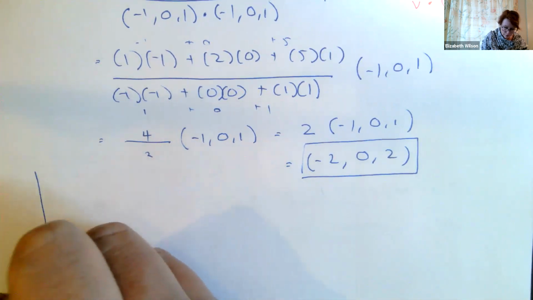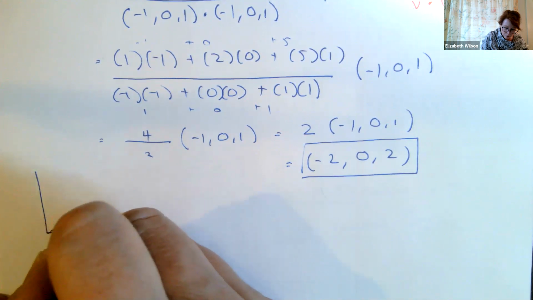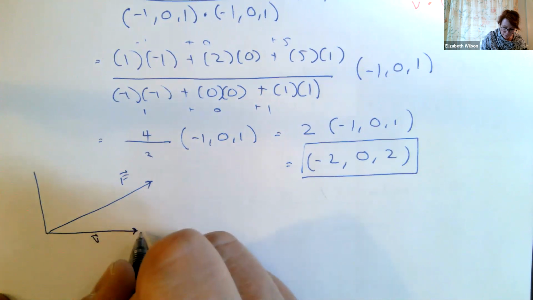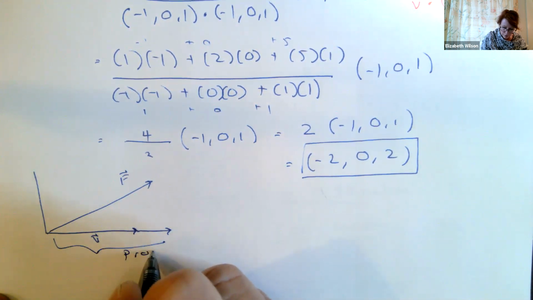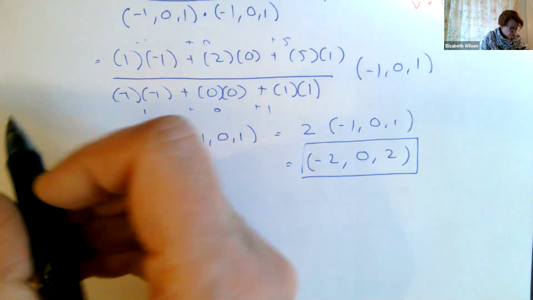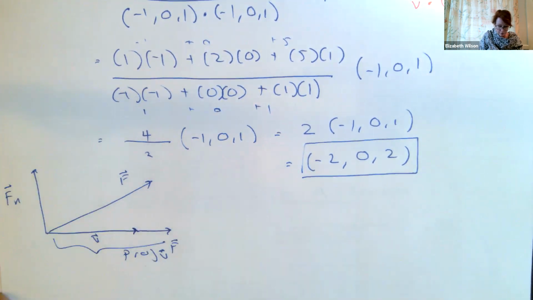So let's draw this out. So here's our F, here's our V, here's our projection of F onto V, and then here's our orthogonal. I'll call this F sub N. That's the orthogonal.